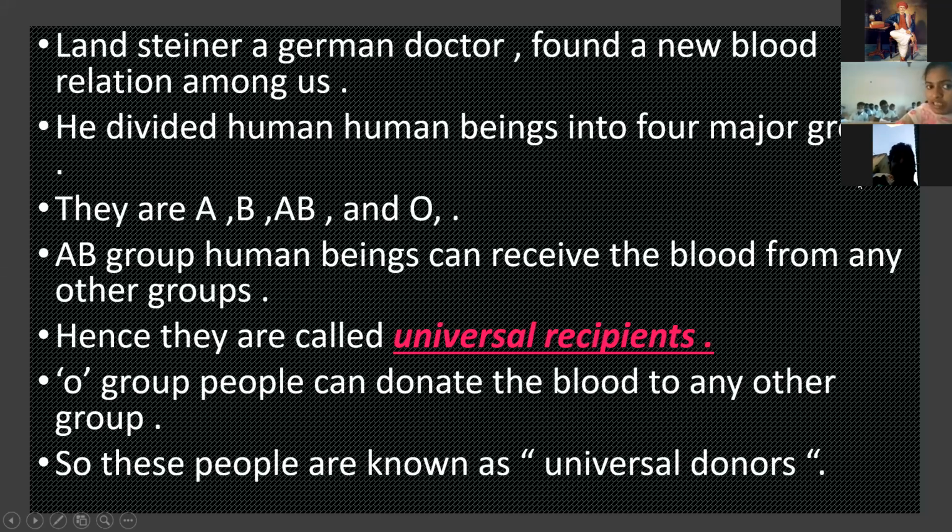That means he divided human beings into 4 major groups: A group, B group, AB group, and O group.